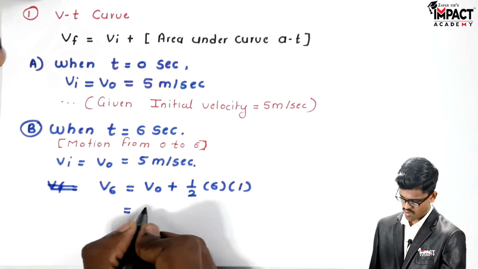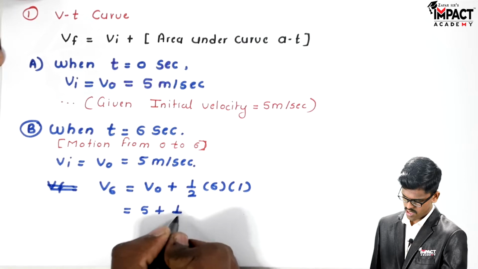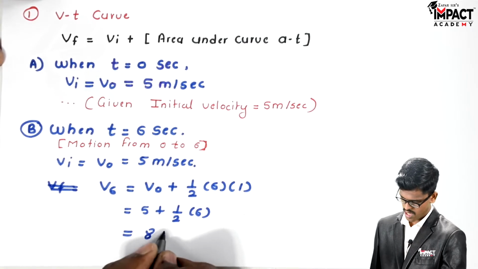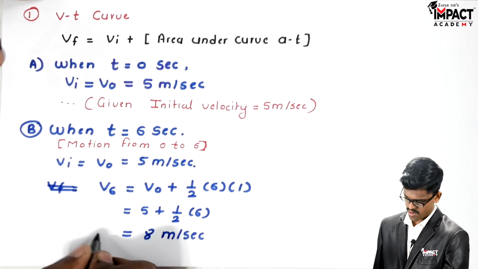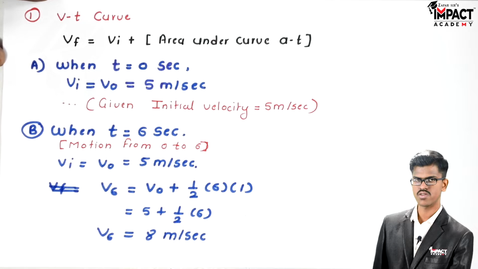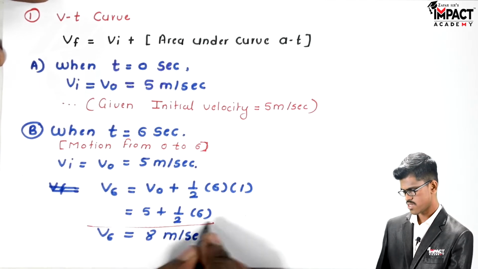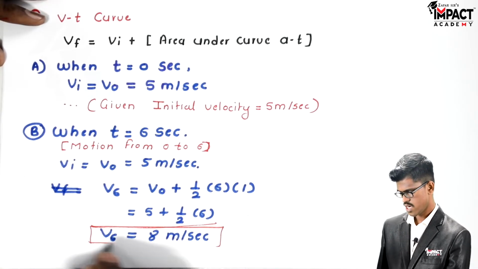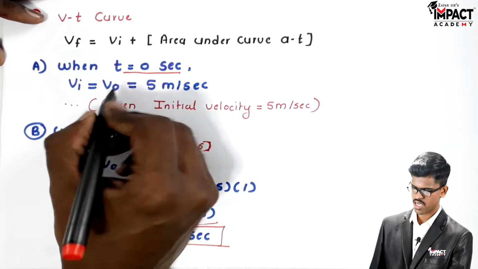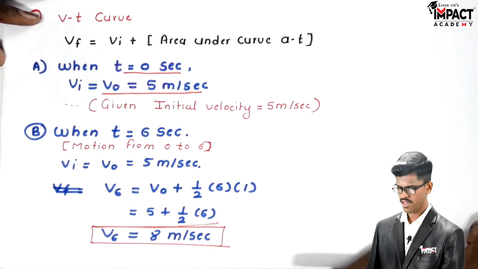V0 is 5 plus half into 6 into 1, we get the answer 8 meter per second. So the velocity of the particle when t is equal to 6 seconds, v6, is equal to 8. When t is equal to 0 seconds, v0 is equal to 5.